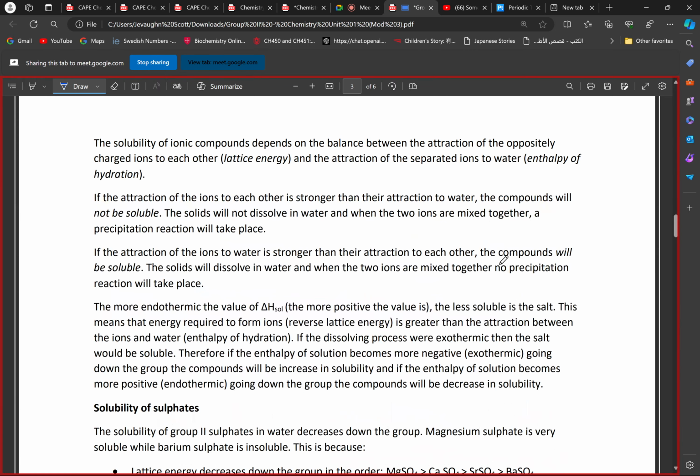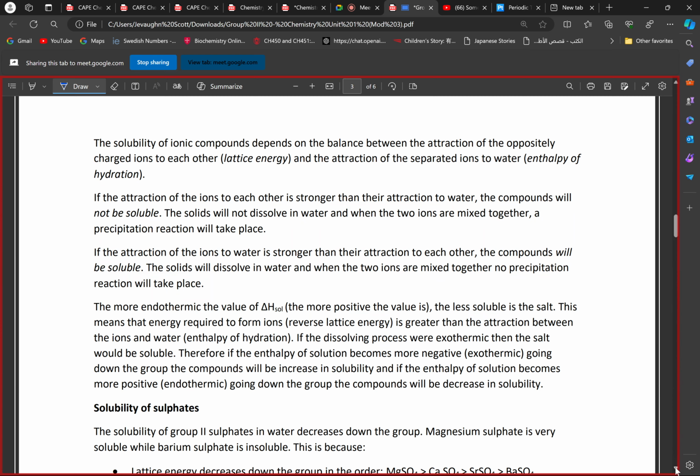So this is just information explaining it, and I'm going to send you guys the document, or I can pause and let you look at it. This is just an explanation specifically, but you won't necessarily use a lot of this information when answering the group 2 questions. But we will make mention of the lattice enthalpy and the enthalpy of hydration.